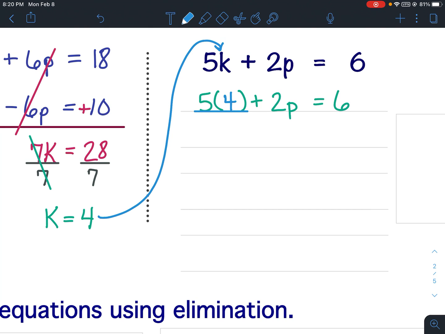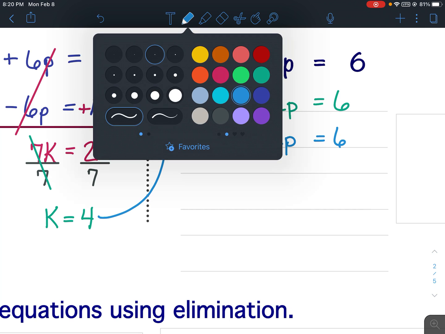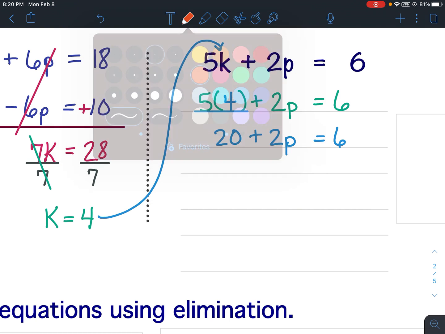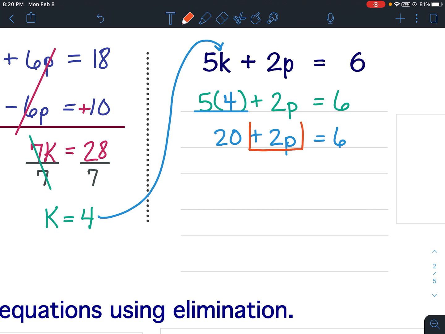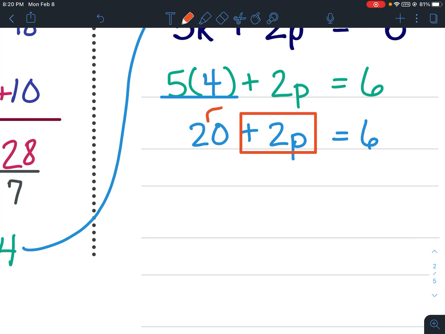Start with multiplication: 5 times 4 is 20. Bring down the rest of the equation. Now it becomes a 2-step problem. If you want to, you can box your variable term here. I'm going to take the constant term of 20 to the other side of the equation.